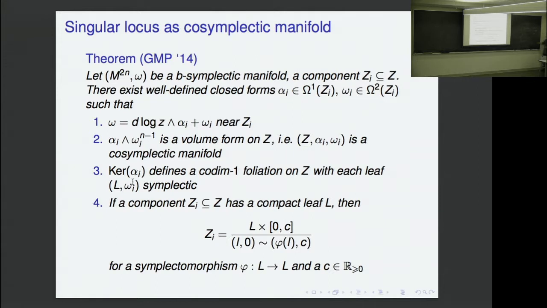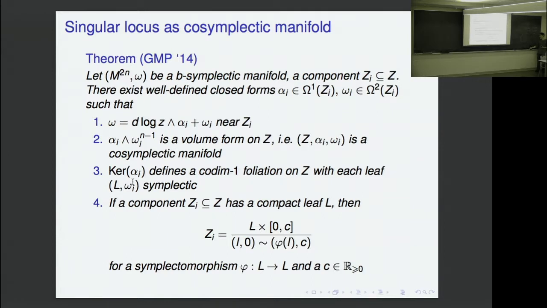So given a b-symplectic manifold, we will be automatically given a cosymplectic structure on its singular locus, and this will be of dimension 2n minus 1, and the leaves will be of dimension 2n minus 2. And on this singular locus, there will be a symplectic fibration.